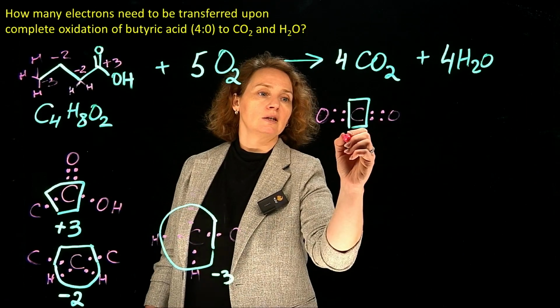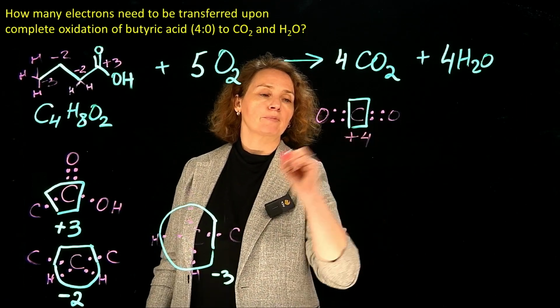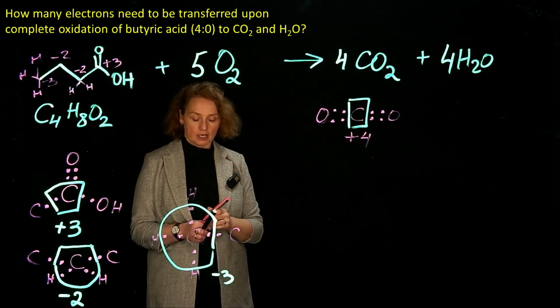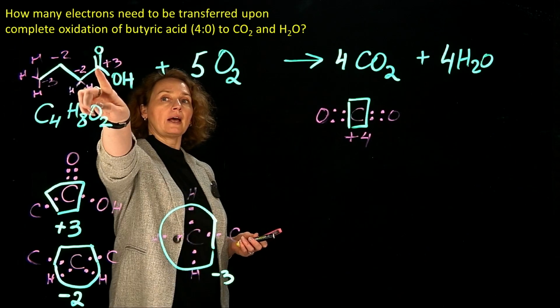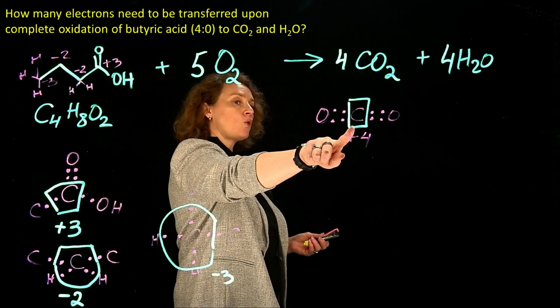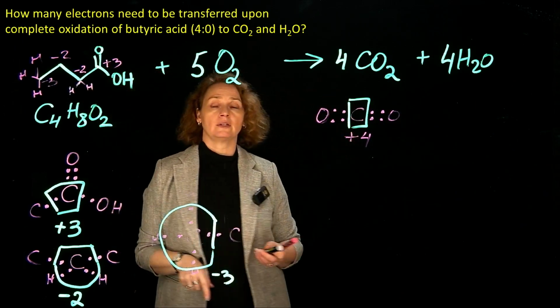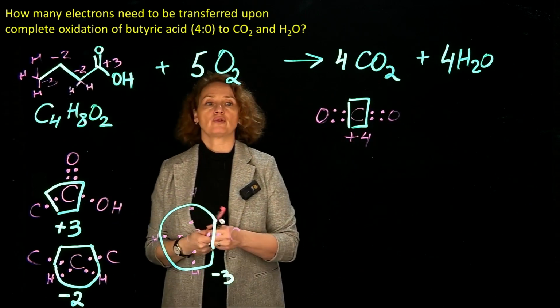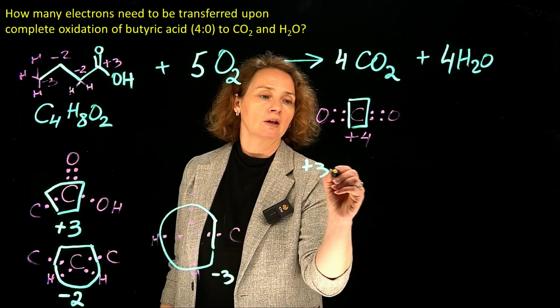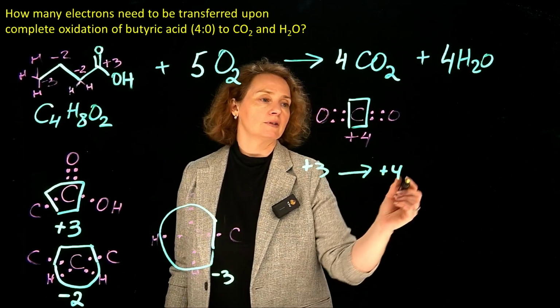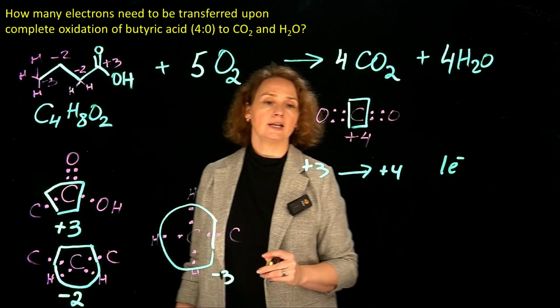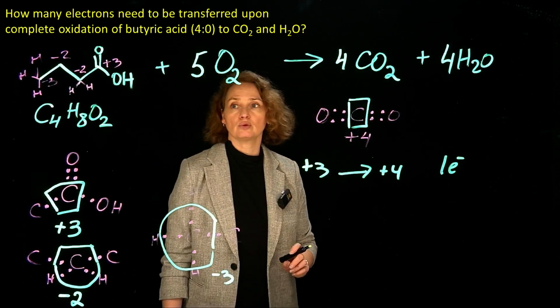That's why it misses 4 electrons. So each of the carbon atoms would be oxidized all the way to the +4 oxidation state. So from +3 to +4, this is 1 electron donated by the carbon of the carboxyl group.